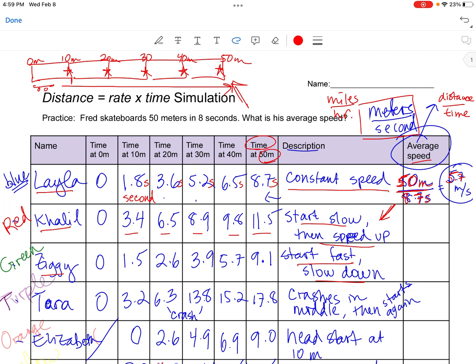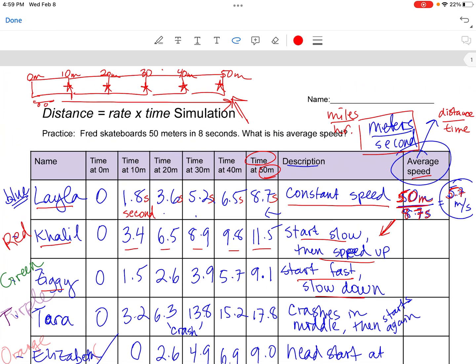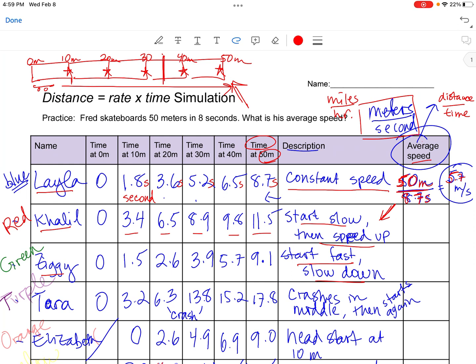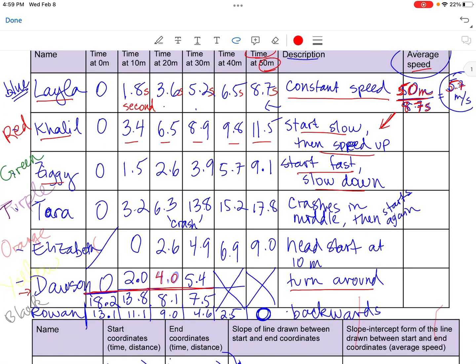So if we look at our thing here, we put a little wall here between the 30 and 40-meter mark, and when he got to that, he got stuck, and he had to turn around and go back to the beginning. So his times reflect that.